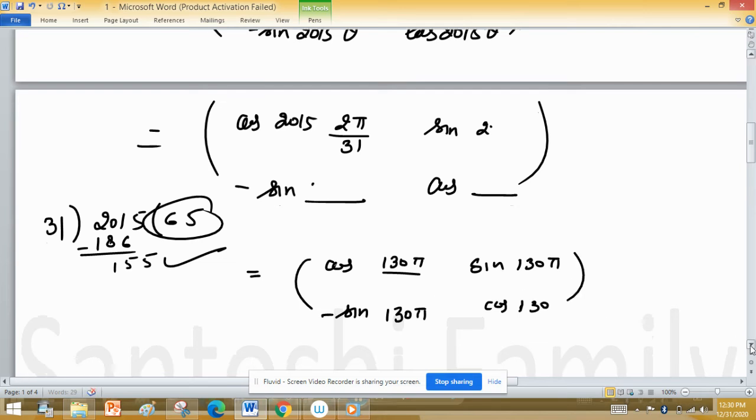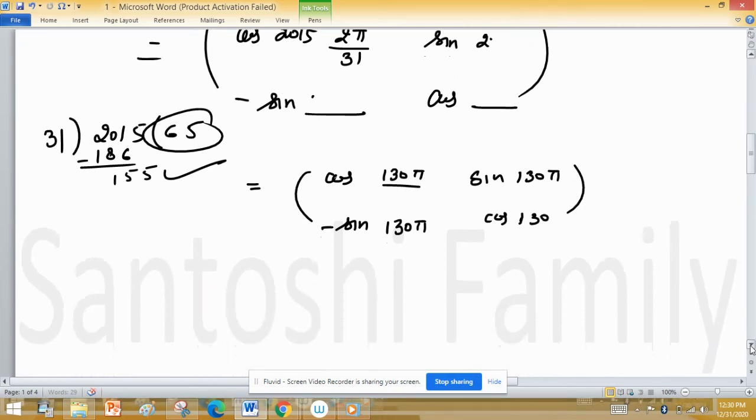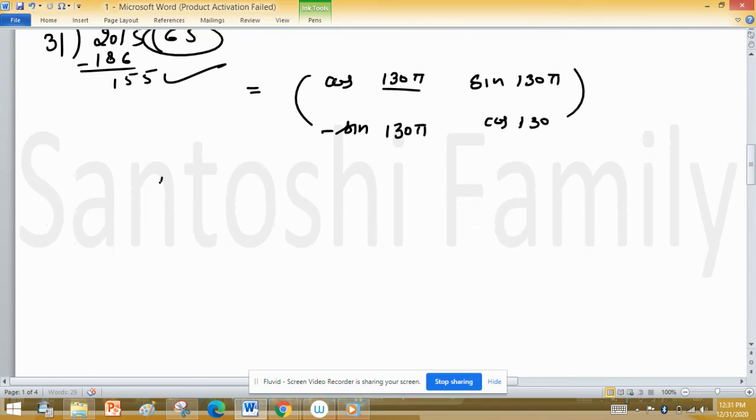We know the graph of sine and cos. This is the graph of sine. This is 1 pi, and this is 2 pi.